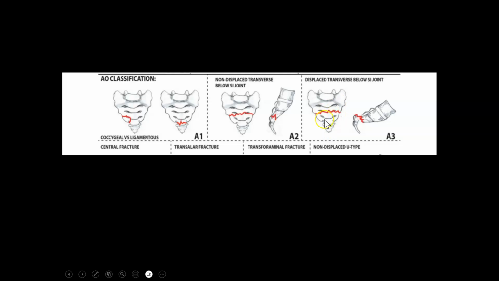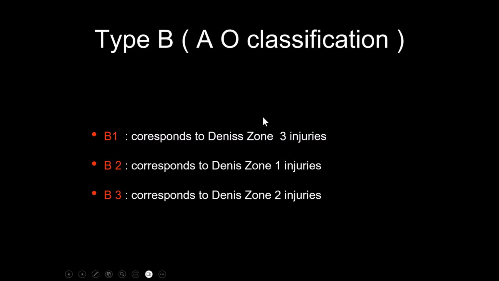And here also A3 is below the sacroiliac joint but displaced. Avulsion, caudal part; below the joint, not displaced; and below the joint but displaced. A1, A2, A3.